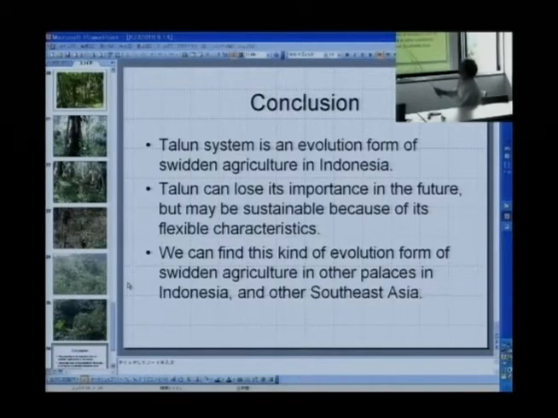This local practice development is a clue to find solutions to prevent deforestation, burning, or poor management of the forest. That is my conclusion.